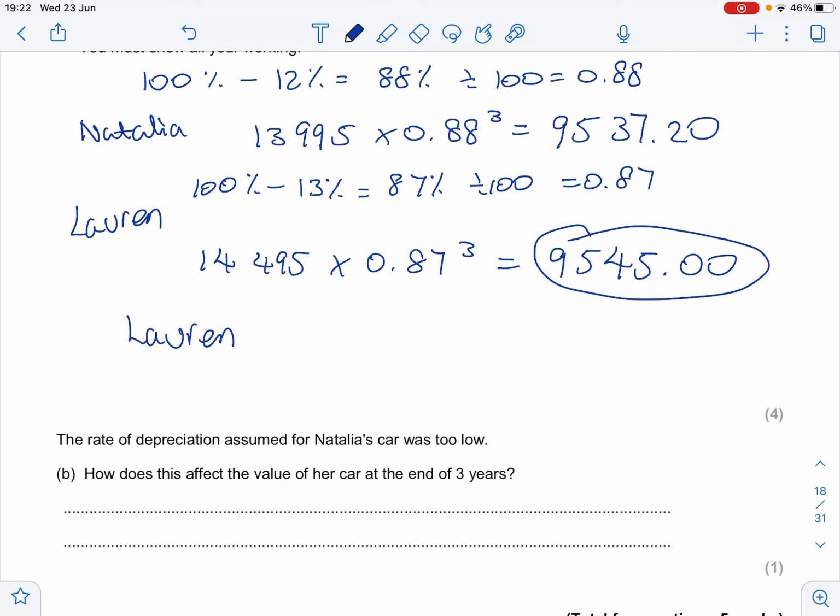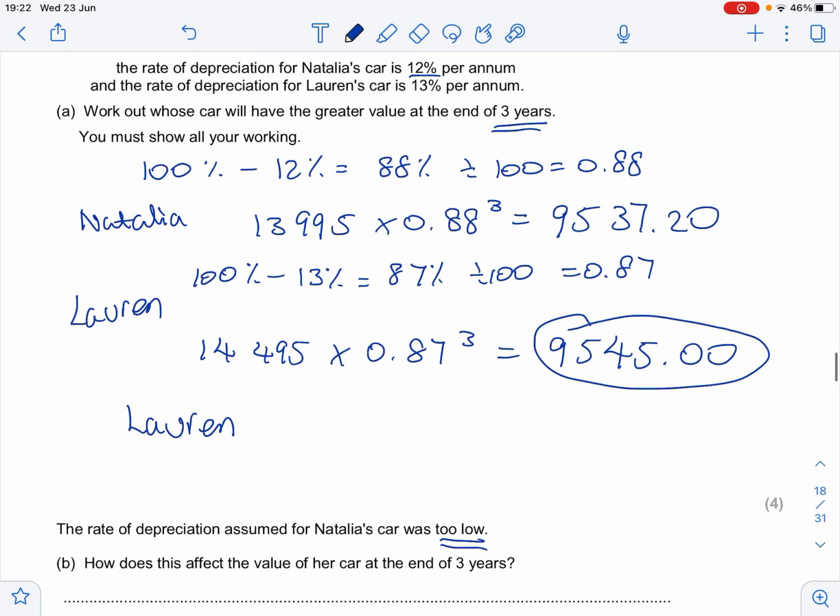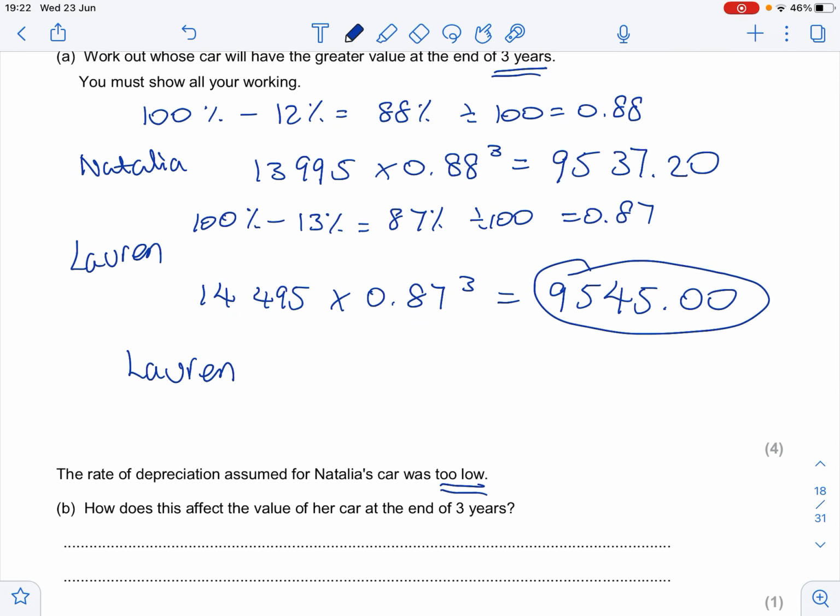So if it's saying the rate of depreciation was too low, that means it's going to be more than 12%. If the rate of depreciation is greater, the value of her car would be less. So her car will be worth less in 3 years.